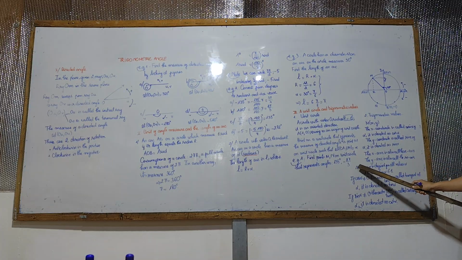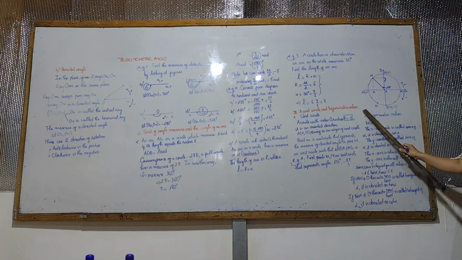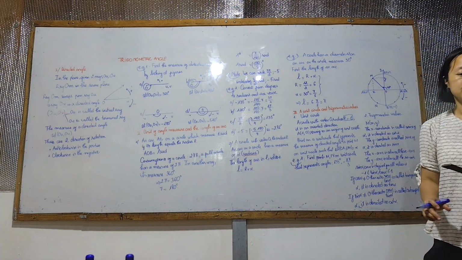And sine alpha, cosine alpha, tangent alpha, and cotangent alpha are called trigonometric values.